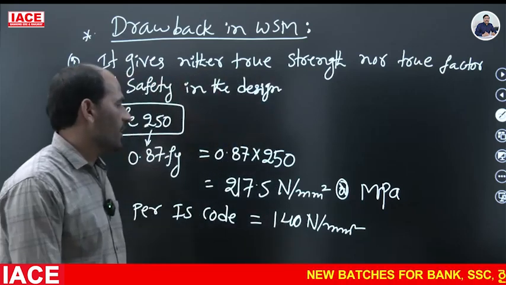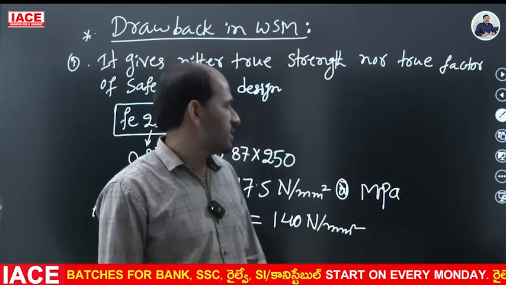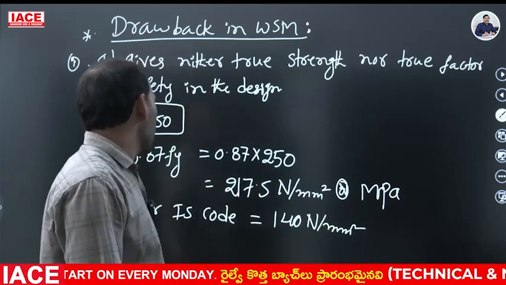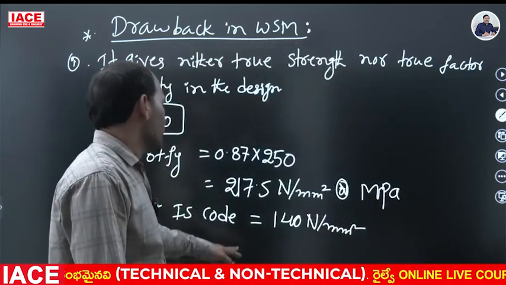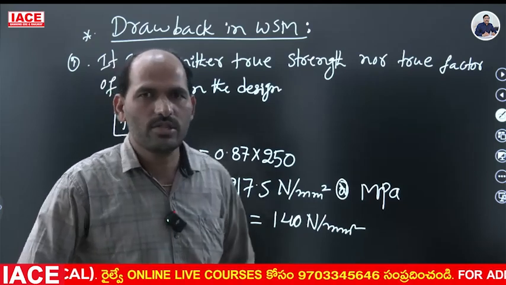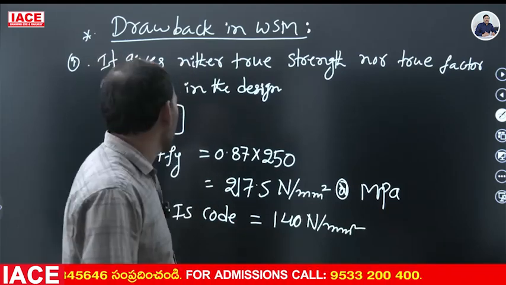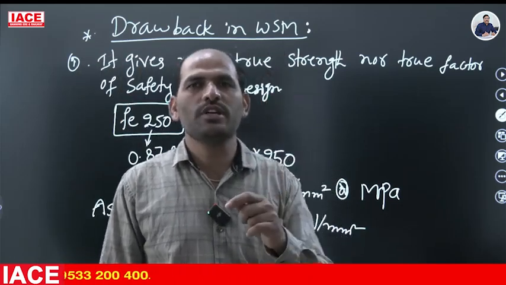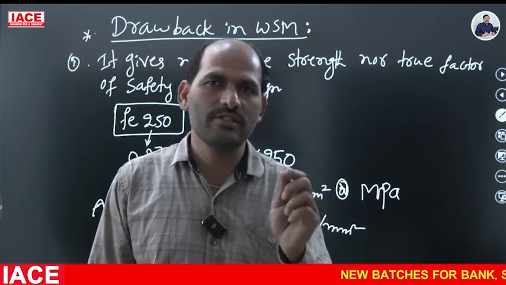From the experiments it is 217.5 Newton per mm square, and as per IS 456 2000 it is 140 Newton per mm square for Fe 250 grade of steel. So there is too much variation. That's why the working stress method gives neither a true strength nor a true factor of safety. This is one of the drawbacks of the working stress method.